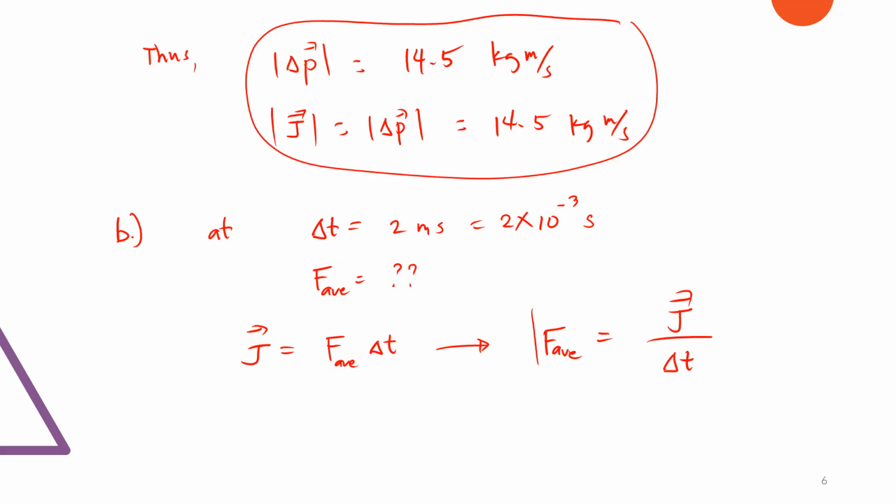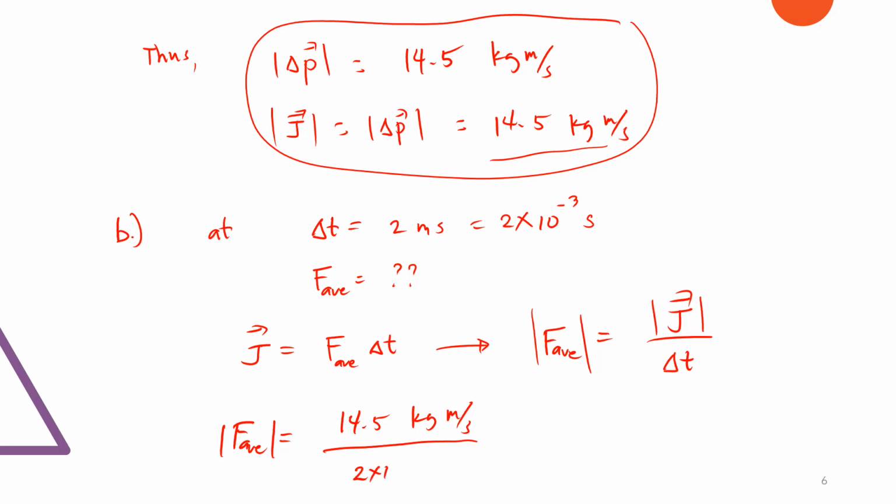So the magnitude of the average force is just equal to the magnitude of the impulse over delta T, or the collision time. Therefore, F average is equal to the impulse, 14.5 kilograms meter per second, divided by the collision time, delta T, which is 2 times 10 to the minus 3 seconds.